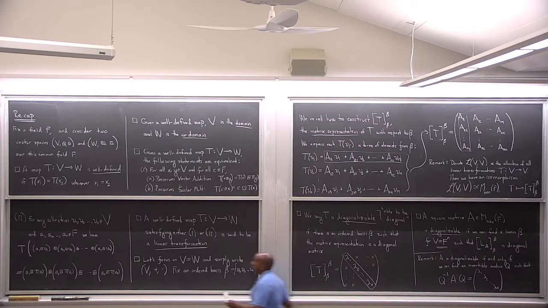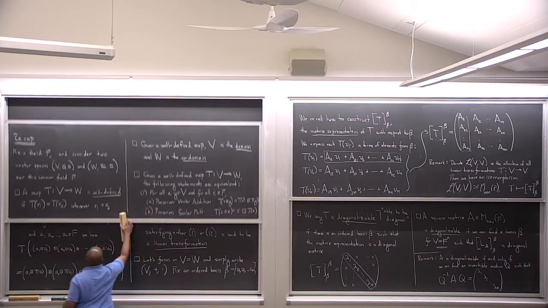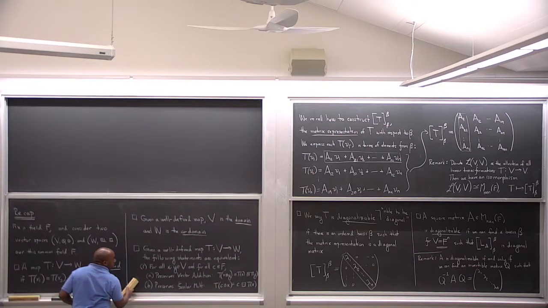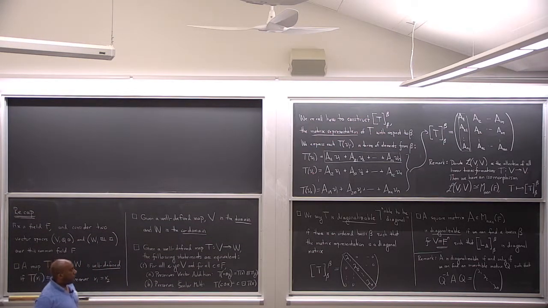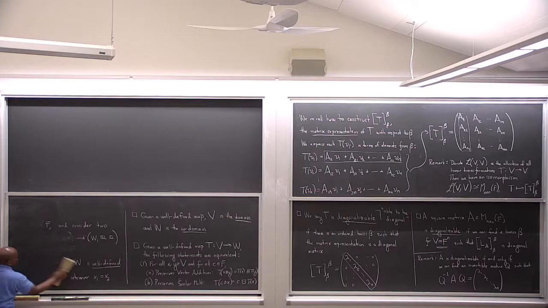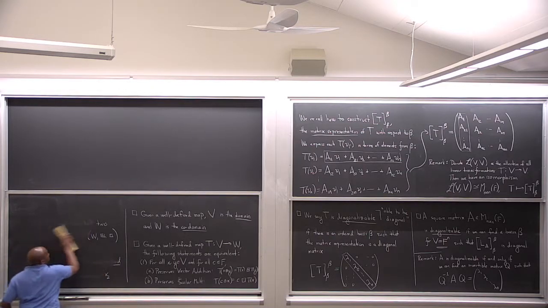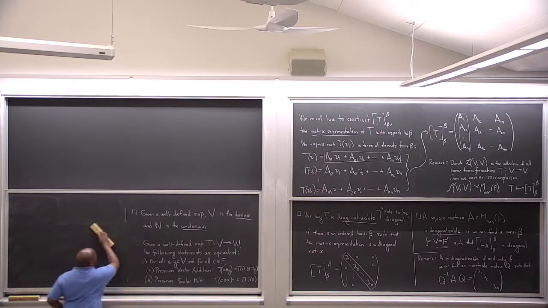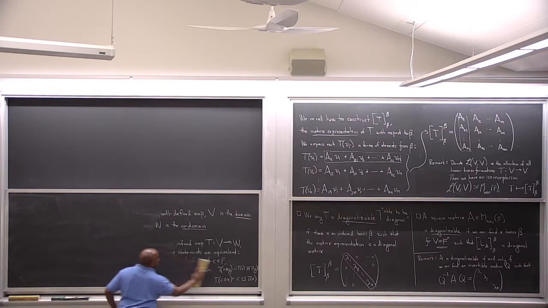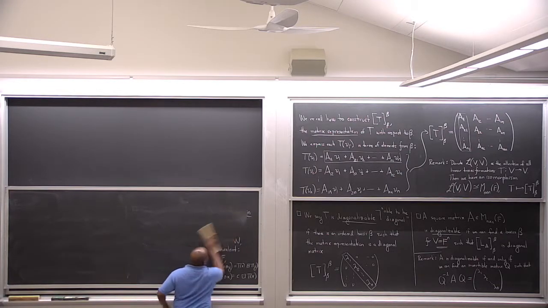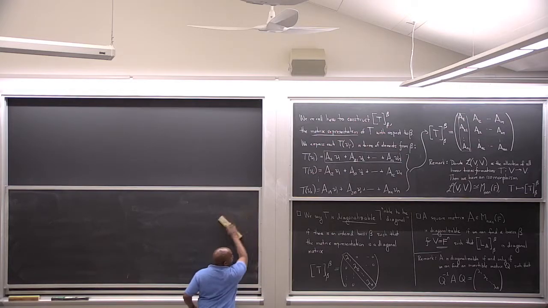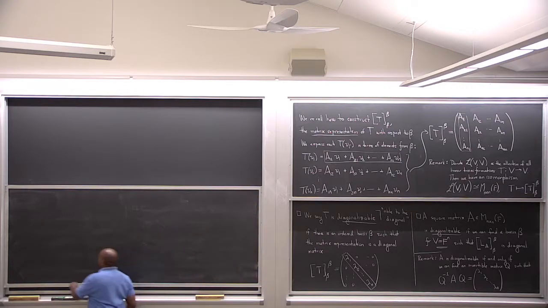So what we're going to do today is really focus on these types of matrices, really on these types of transformations. So if you will, the goal that we have from here on out is to determine when a linear transformation or when a matrix is diagonalizable. And so I'll write that here.